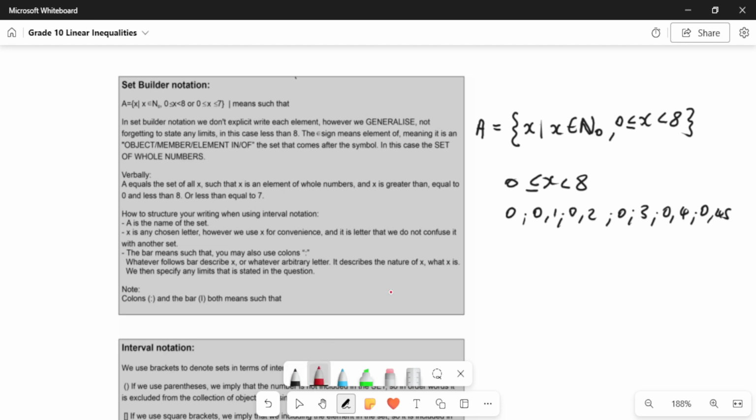The point I'm trying to make is that these numbers can go into decimals. But what did the question state? That it has to be whole numbers. So by stating that these numbers have to be whole numbers, we eliminate all of these options, all of these decimals.